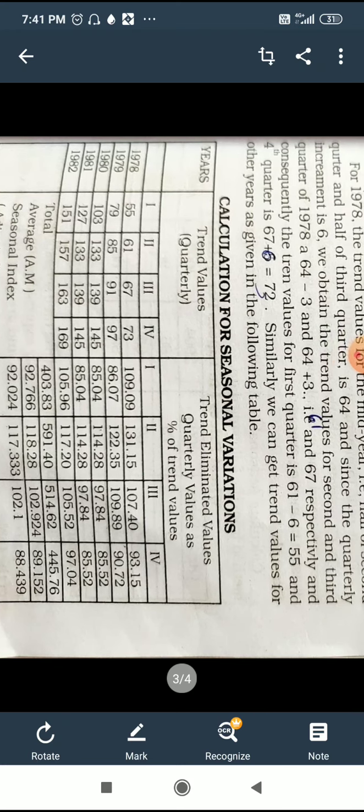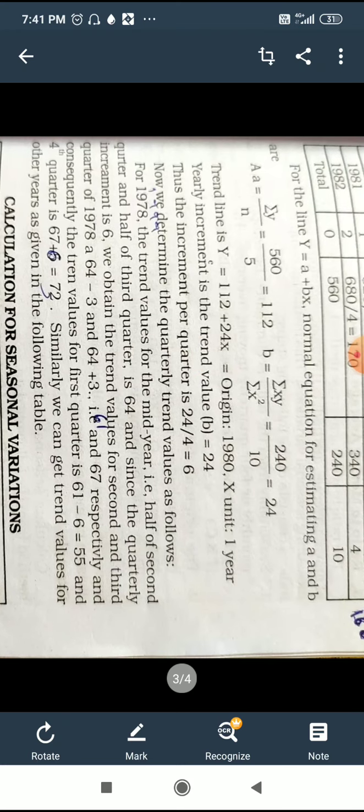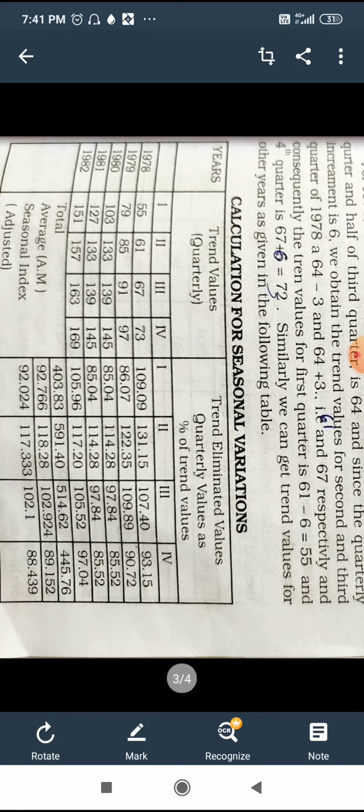The b value, the yearly inflation, we convert into quarterly: 24 by 4 is 6, the quarterly increment. Taking the second and third quarters, we divide 6 by 2, that is 3.